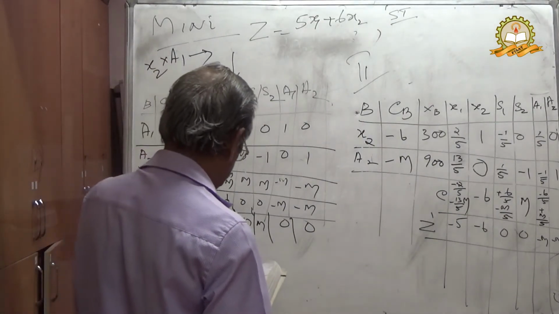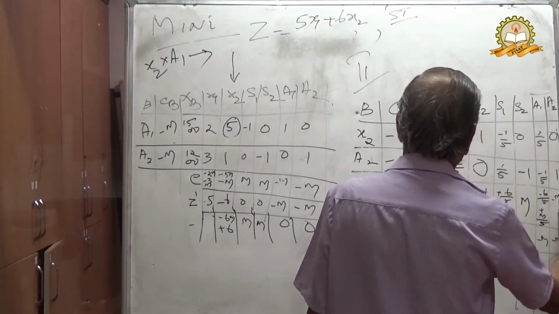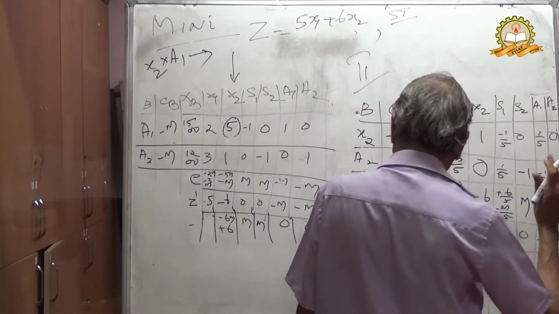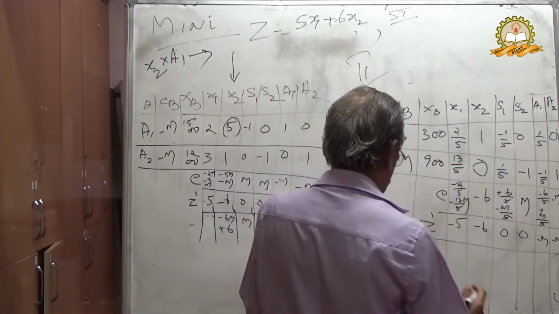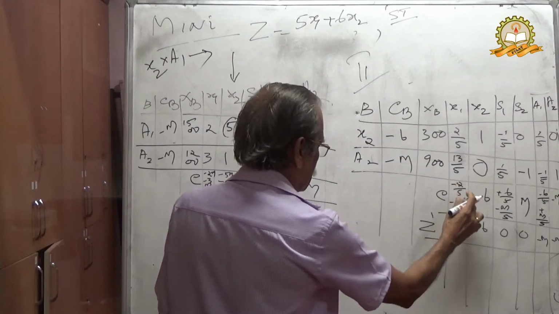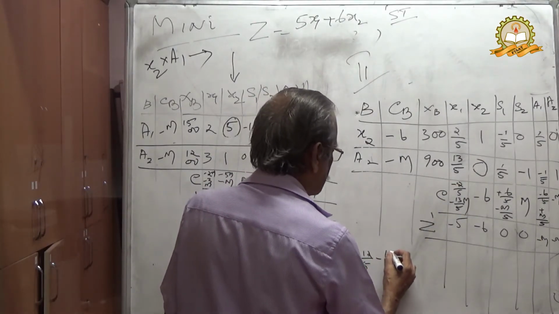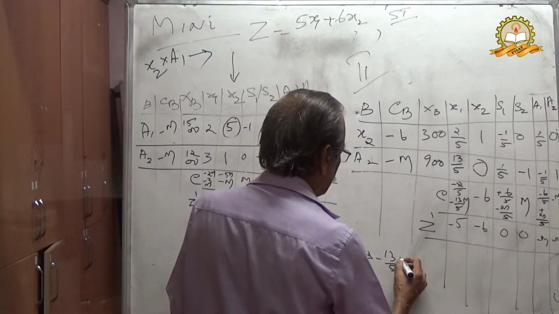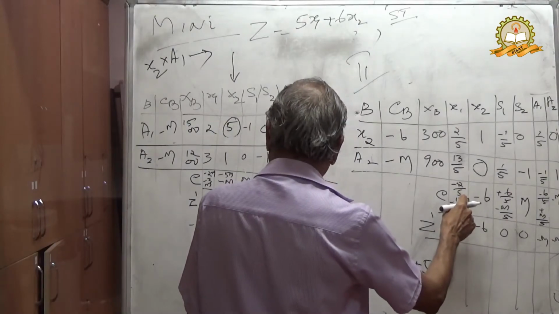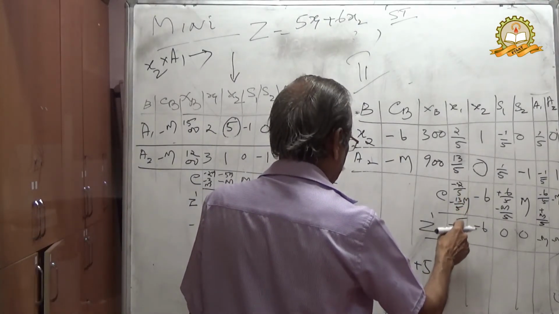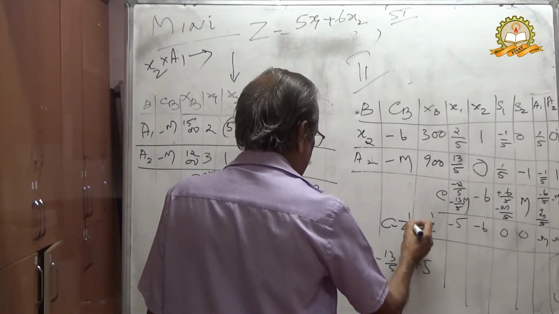A2 becomes minus m. Subtracting, you have 12 by 5 minus 12 by 5 minus 13 by 5 m plus 5. This minus this, C minus Z dash.